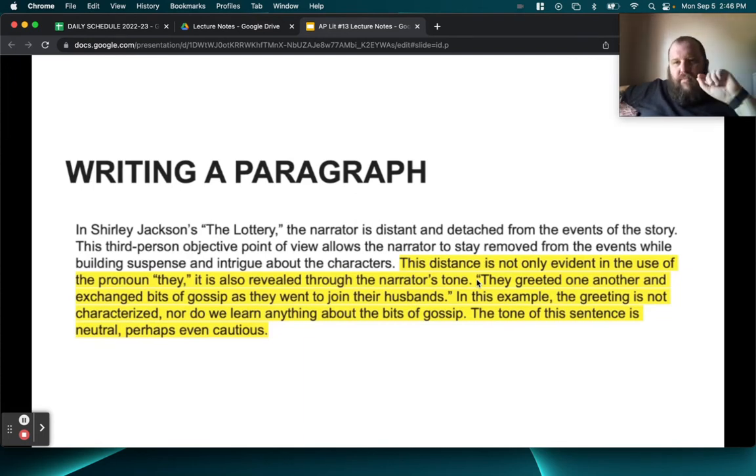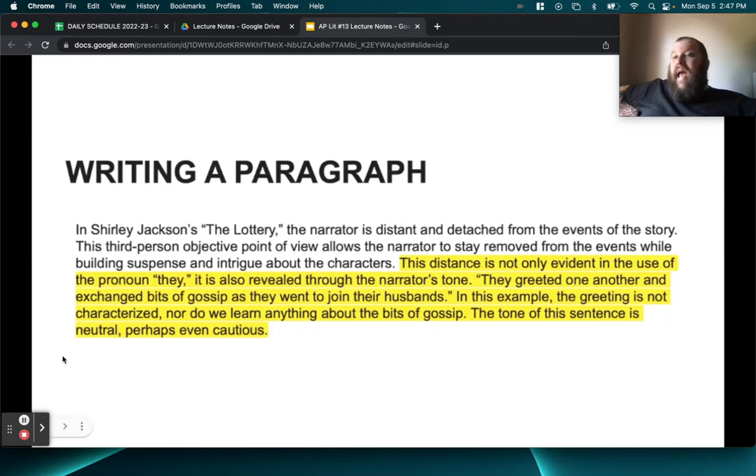Just something to embed that evidence, right? But overall, we have a nice claim. It's strong. It's defensible. It goes deeper than just the surface level, and it's proven with this evidence.